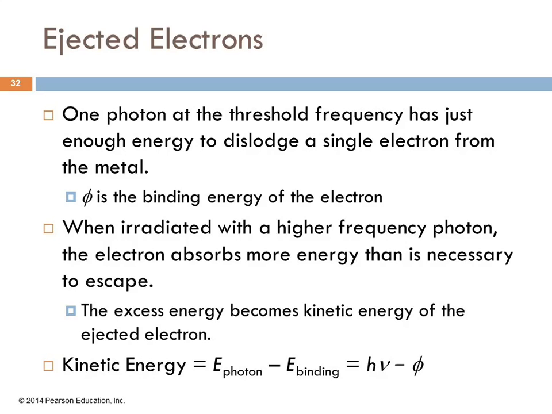And so whatever's left from the photon's energy is what he has as kinetic energy. Well, the energy of the photon is h nu, Planck's constant times the frequency. And the binding energy is what gets subtracted off. So the kinetic energy is equal to h nu minus phi.